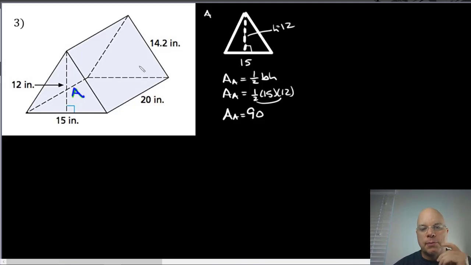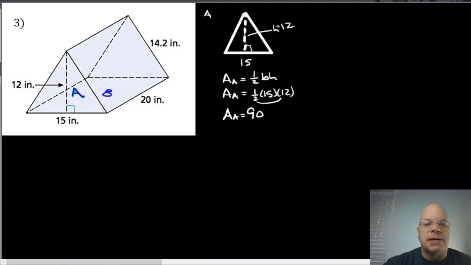Now I know there are 2 of them, but we'll account for that when we read our surface area formula. First I want to identify each of the different faces and sketch them. I'll call face B the bottom face. You can sort of see this would be a 20 by 15 rectangle.